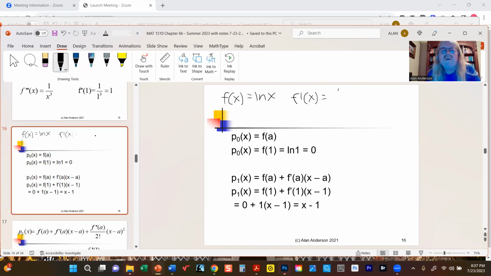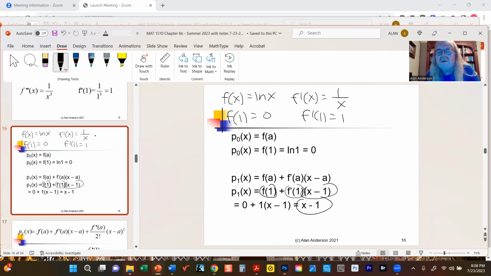Remember, f prime of x is 1 over x. f of 1 is 0. f prime of 1 is therefore 1. So what do we have here? f of 1 plus f prime of 1 times x minus 1. So when you make those substitutions, you'll have 0 plus 1 times x minus 1, or just x minus 1. So the 0th Taylor polynomial is 0.